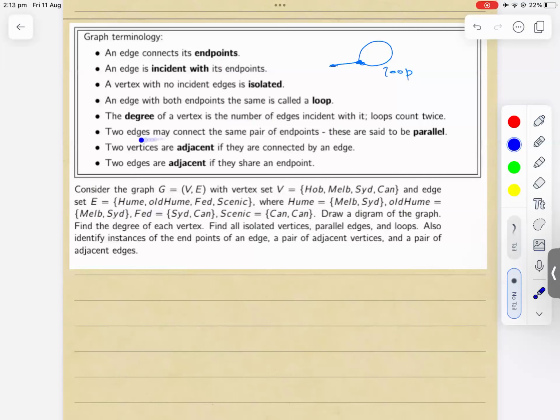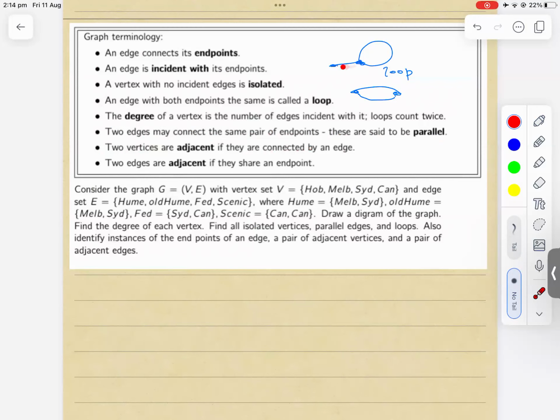So these two edges are parallel. They are called parallel. Two vertices are adjacent if they are connected by an edge.